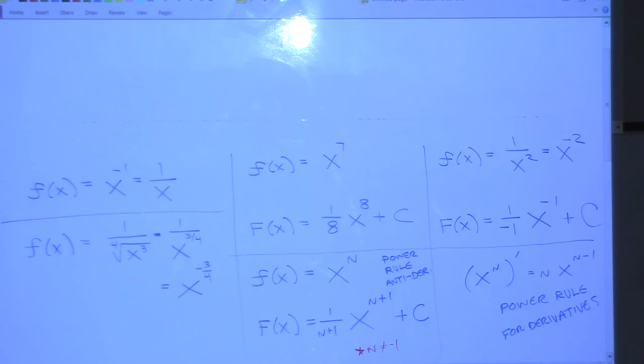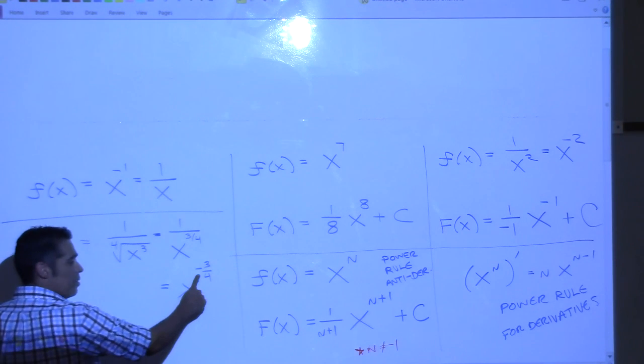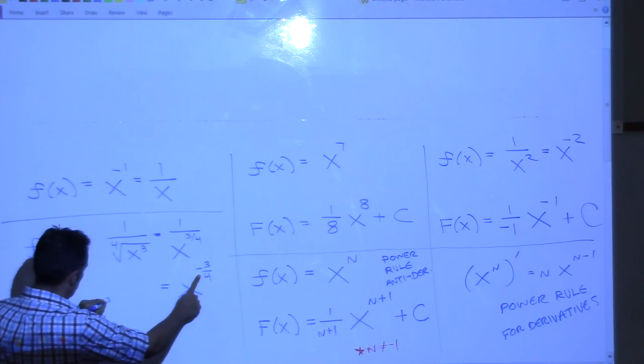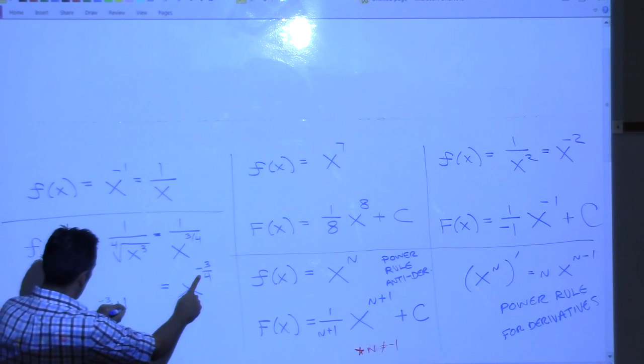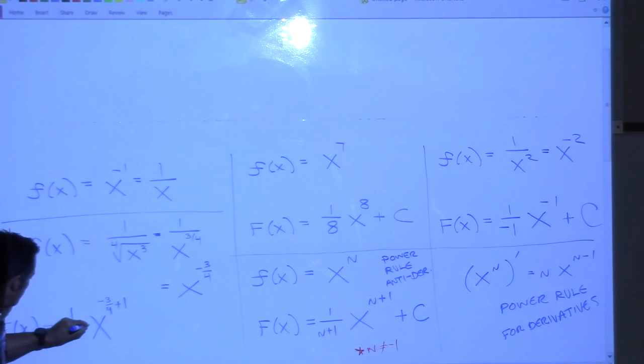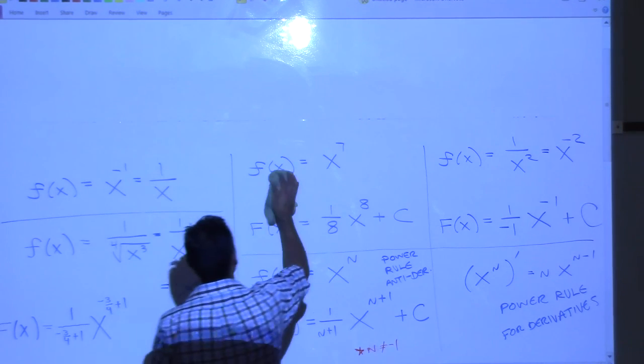So according to the power rule, here's what I'm going to have. I'm going to have x to the n plus 1, so this plus 1, right? Negative 3/4 plus 1, over, in front, 1 over negative 3/4 plus 1. So I'm going to have to add those together, right? Negative 3/4 plus 1 is 1/4.